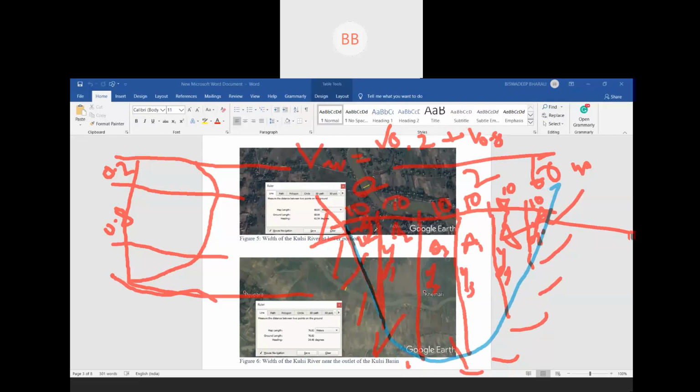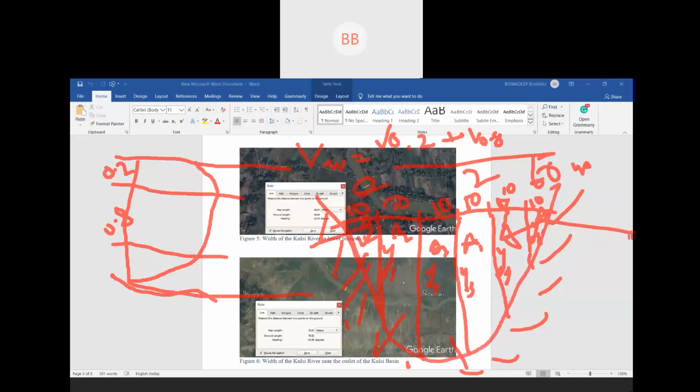You have to use some instrument to find the velocity. The most widely used is the current meter that you have already studied in third semester. So use a current meter and find the velocity at 0.2 and 0.8, and take the average, then you will get the average velocity for this section.